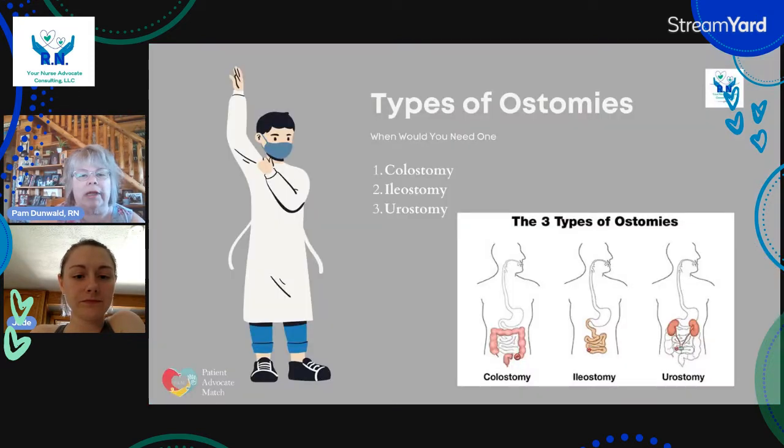All right. Jade, would you like to tell us the 3 different types of ostomies? Yeah. So there's the colostomy, which is in the colon. So you see more formed stools with those. Ileostomies are higher up.